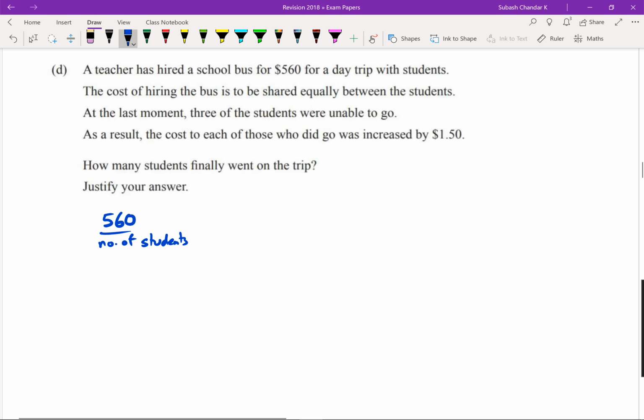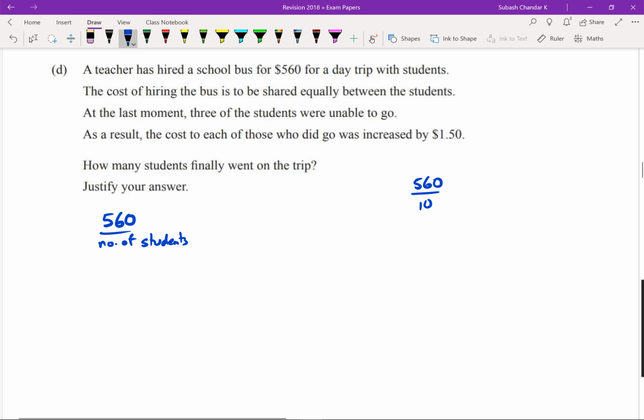But now they're saying at the last moment, 3 of the students were unable to go. Now because 3 students were not able to go, the price actually increased to $1.50. So think about it like this, all right? Let's say we've got 10 students going, just for an example.